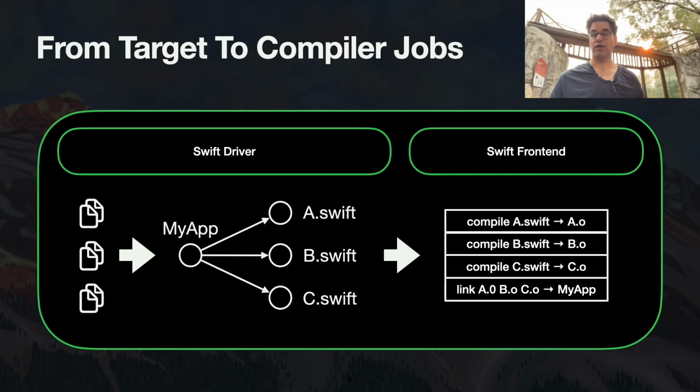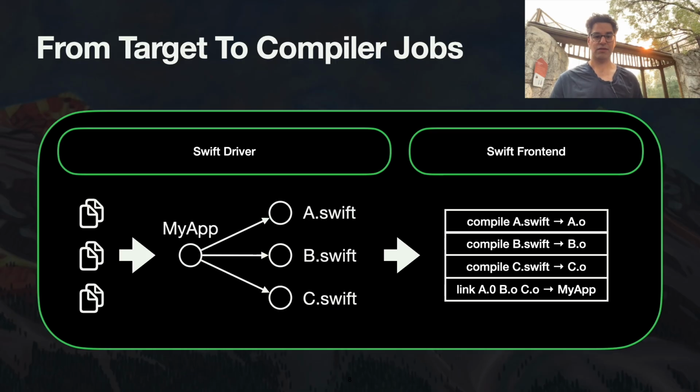For the Swift compiler, I think of it in a couple of phases. The Swift driver is basically the coordinating tool invoked when you start a build. It has to look through all of your code and look at all of the arguments you've sent in, and then it creates a graph. It's called a directed acyclic graph.